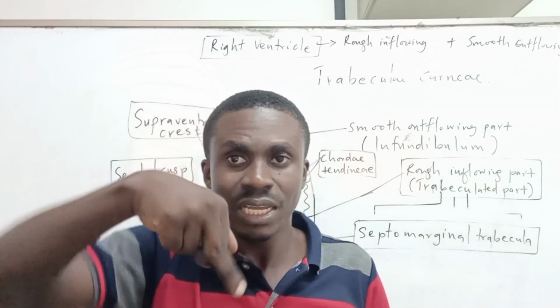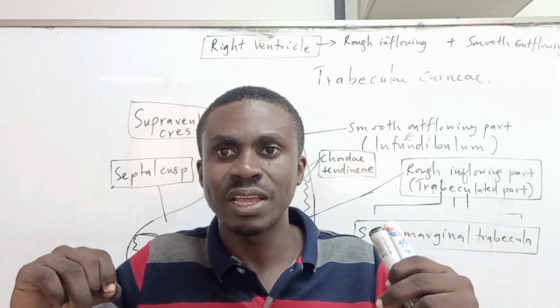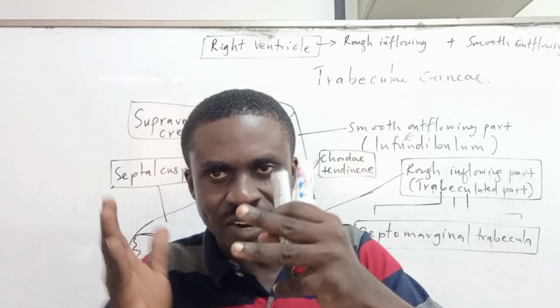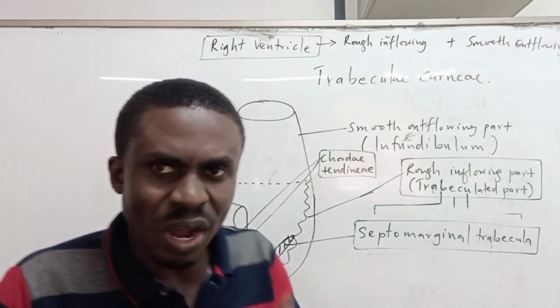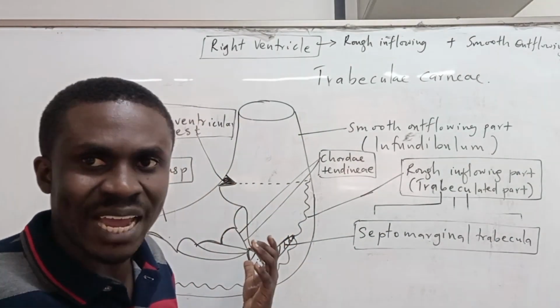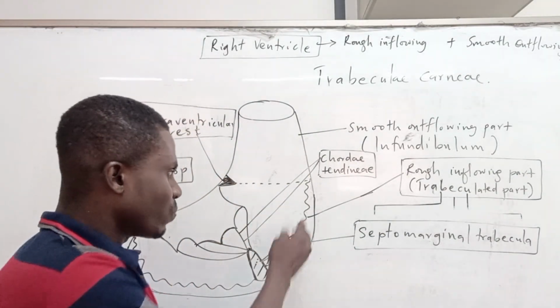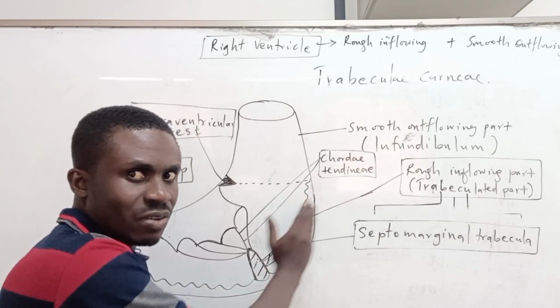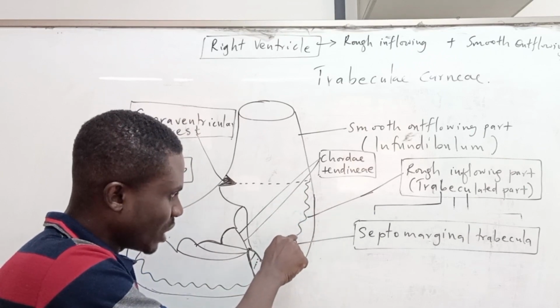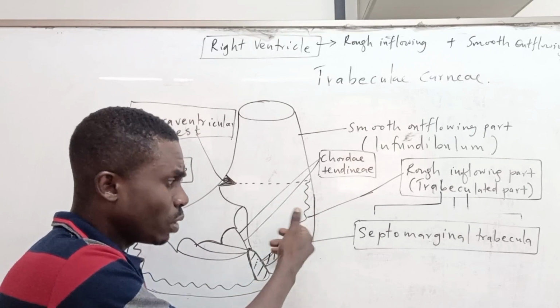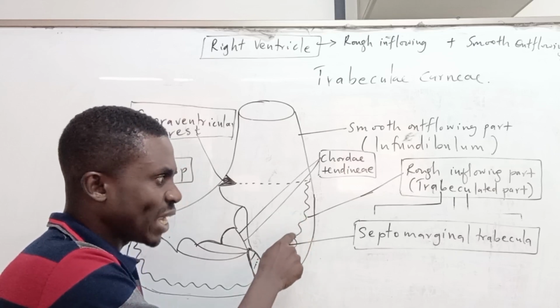That's the main trunk, and it divides into two, the left bundle branch and the right bundle branch. The right bundle branch has to come all the way to the right side. And to do that, from that interventricular septum, from that ridge, there will be that kind of bridge, which is called the septomarginal trabecula.